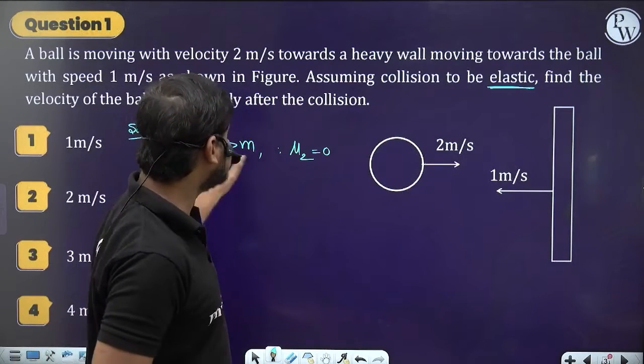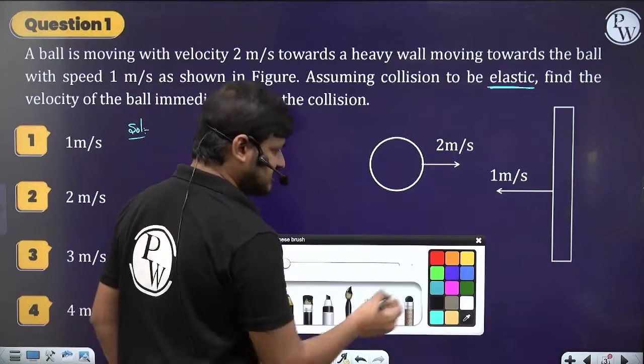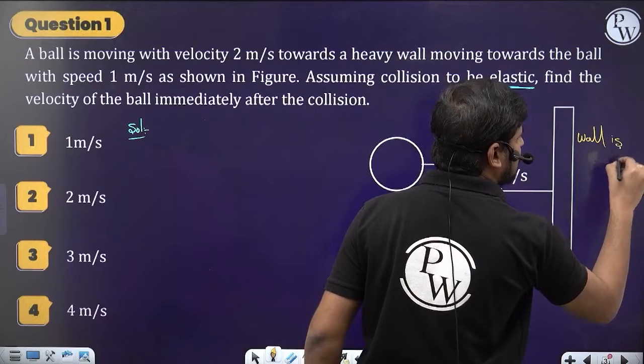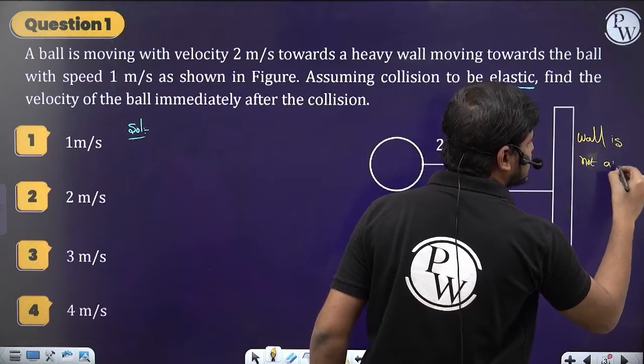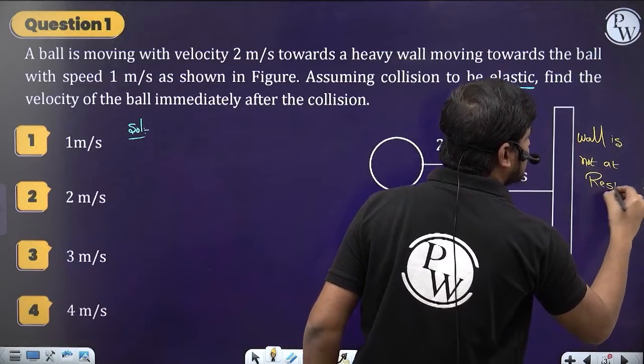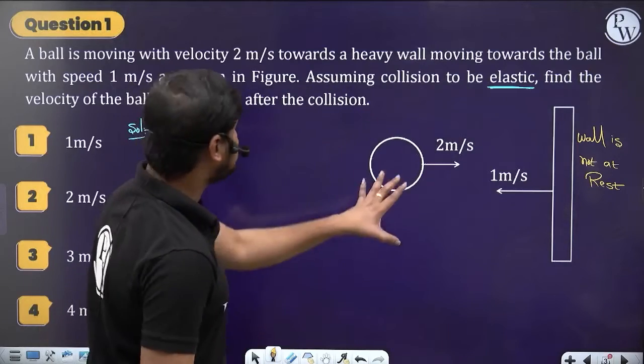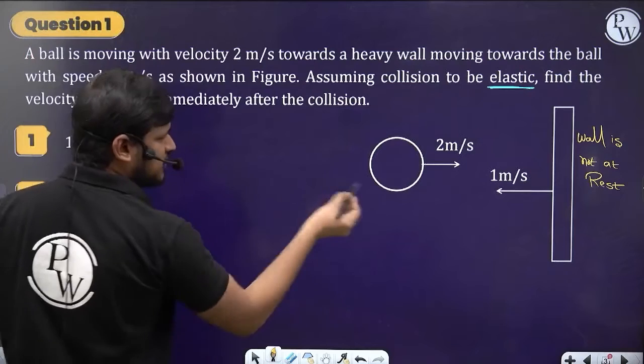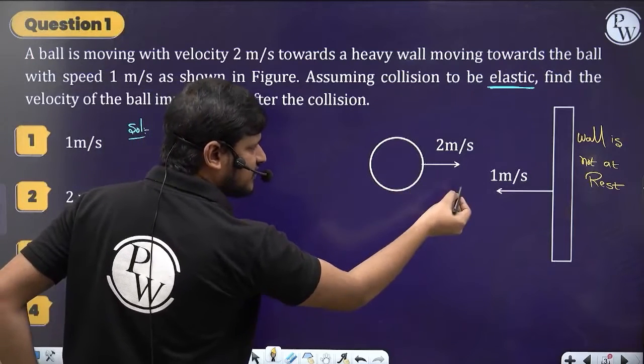But in this case, the wall is not at rest. The wall is also moving. So first, we need the velocity of the ball after collision. Let its velocity after collision be v1.